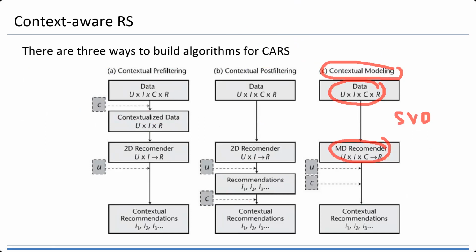So we use the matrix factorization. So using the matrix factorization with the SVD, singular value decomposition, we can make a model, and after we have that model, we can do the contextual recommendation. So it is more advanced to do the recommendation.